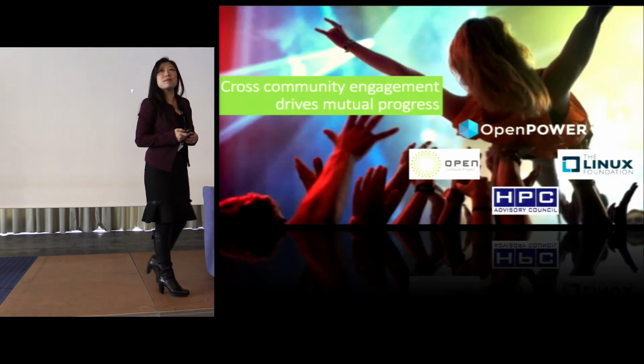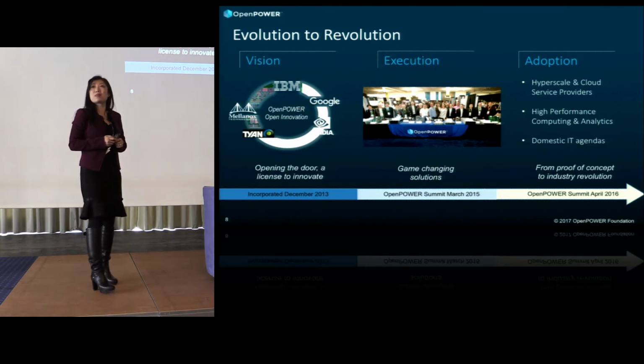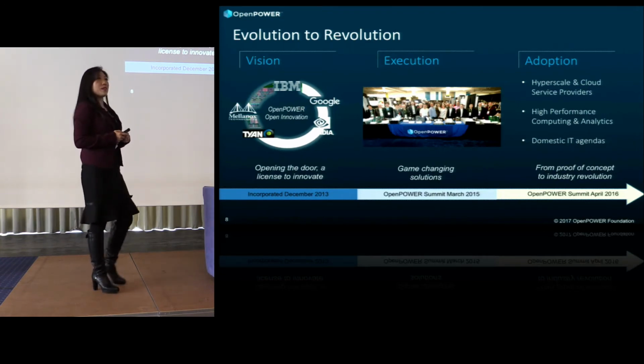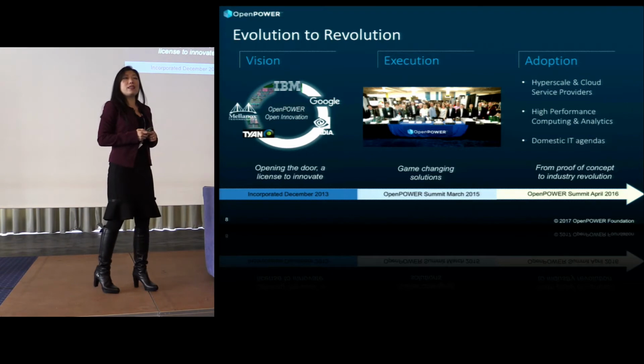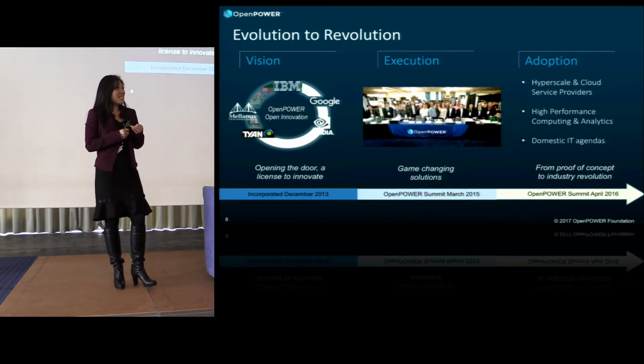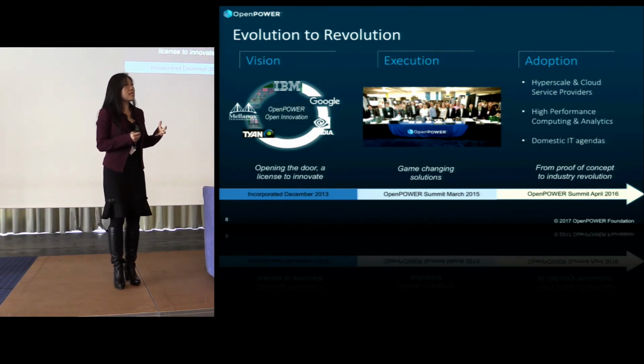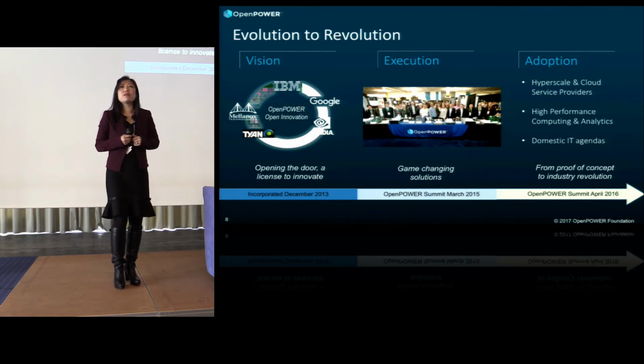Now, what difference does it make? We've been around for a few years. First of all, let me start with a brief history lesson. We started in 2013, 2014, and we set up the vision, built the partnerships, and set up the bylaws and IPR policies. So very much setting up the stage at the beginning. Then 2015 is a year of development.